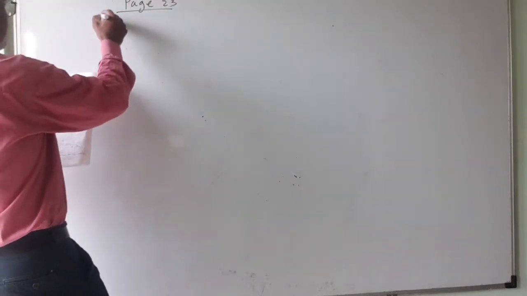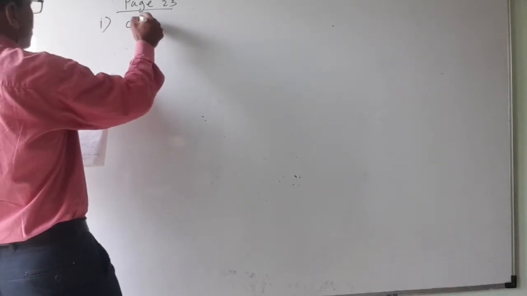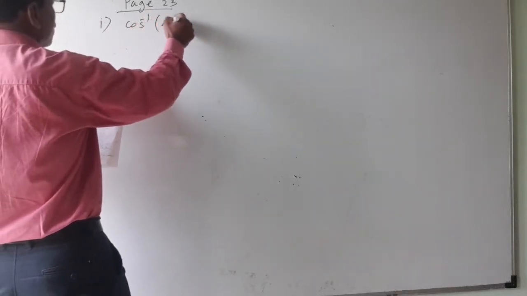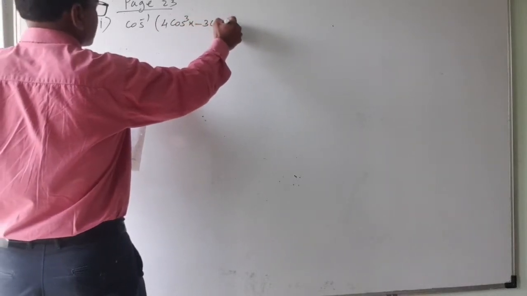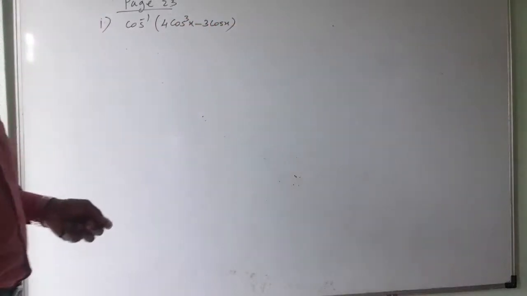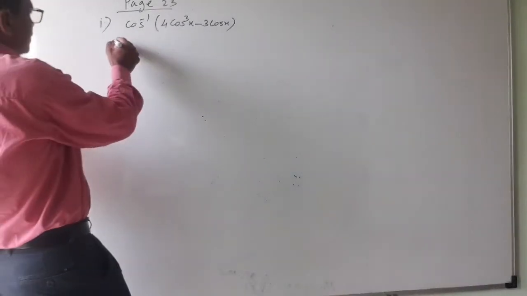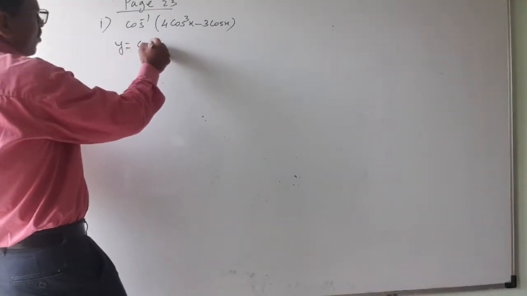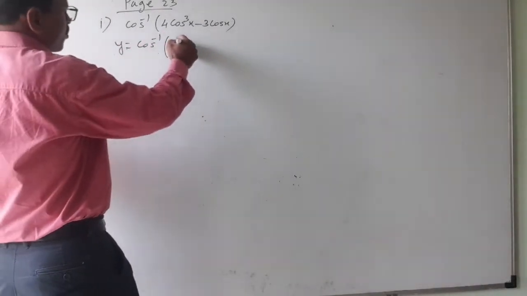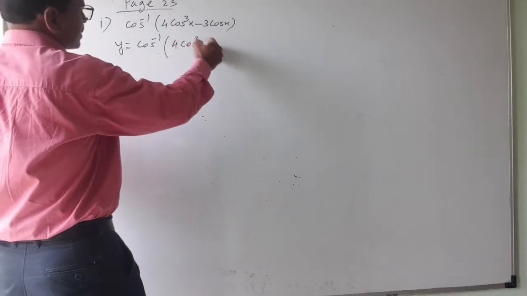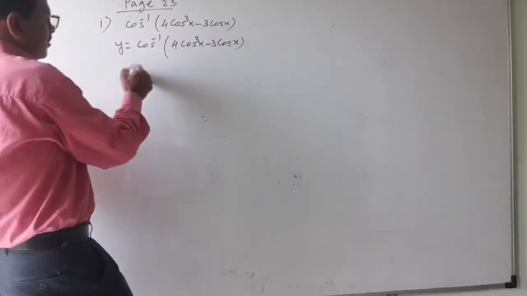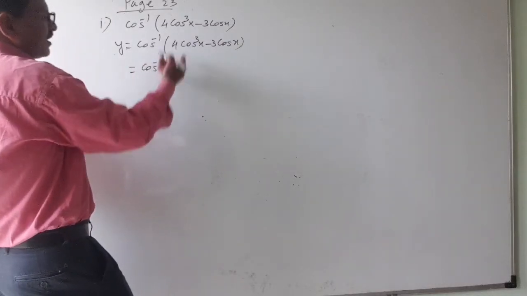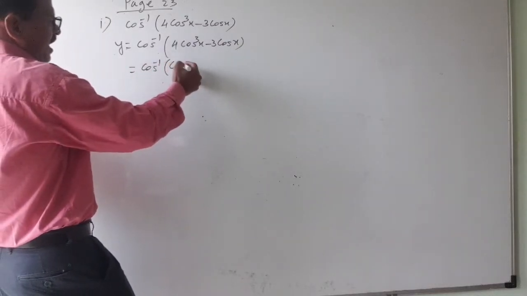In that the first one, cos inverse of 4 cos cube x minus 3 cos x. So consider this as y. Y is equal to cos inverse of 4 cos cube x minus 3 cos x. That is equal to cos inverse of, this is the expansion of cos 3x.